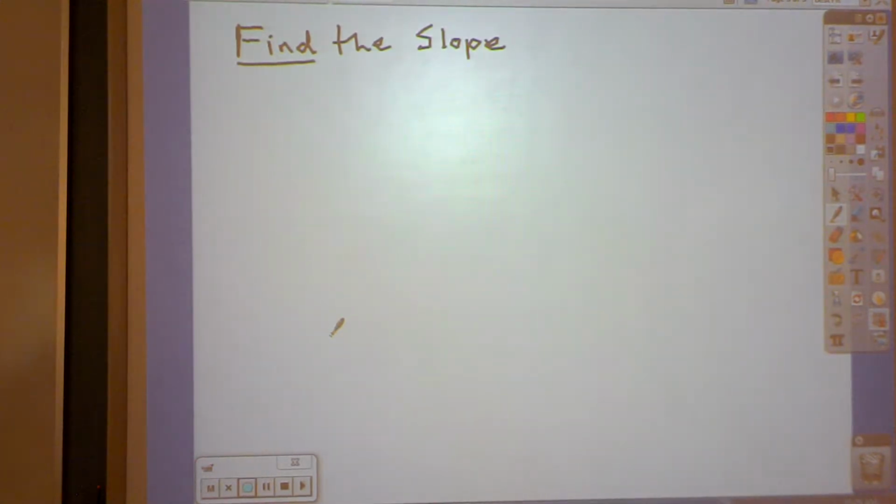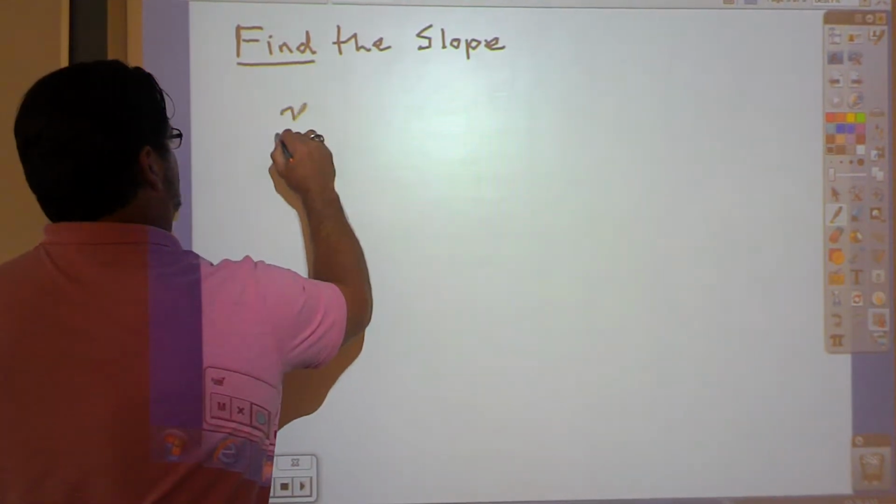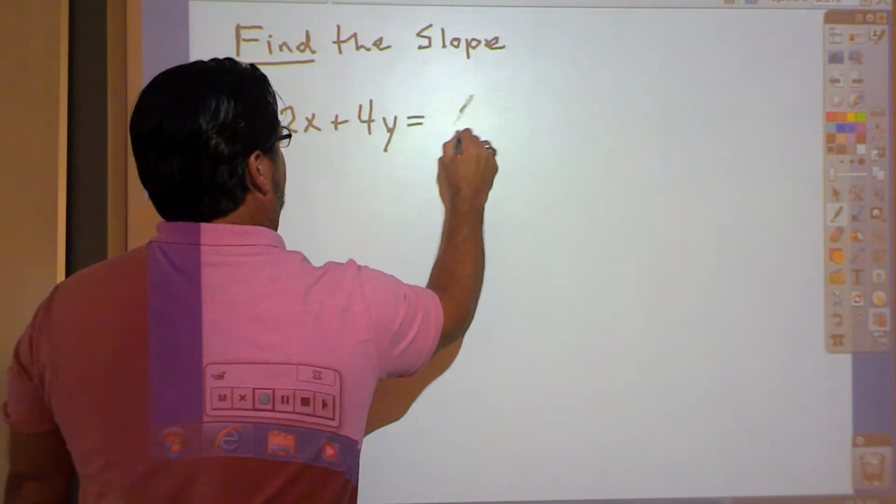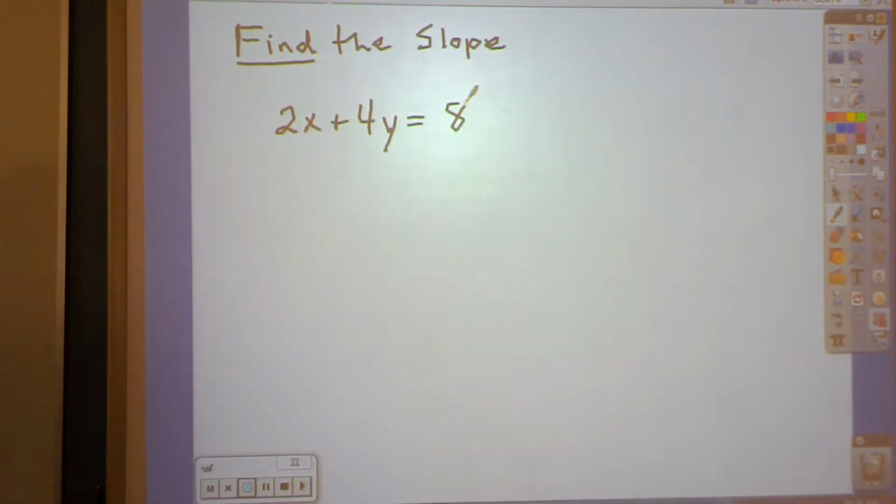Or it may say calculate the slope, but most of the time when they want you to find the slope, that means you're not calculating. So, they give you this: 2x plus 4y is equal to 8. And when you see that equation, you automatically know that you need to solve for y.